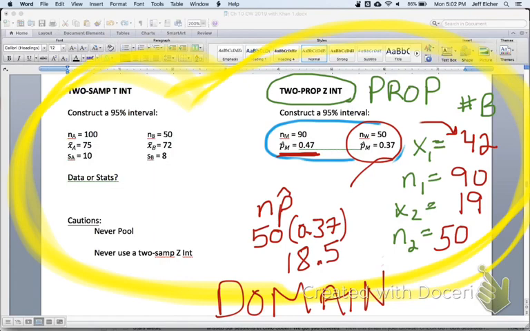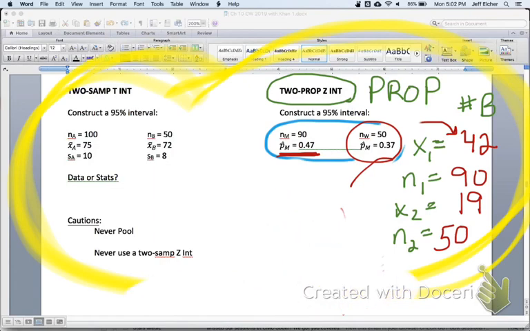Okay, so the answer we get, now that we don't have a domain error anymore, is negative 0.08, comma, 0.256. That is our 95% interval. So that is doing that huge formula that we had on the previous page.